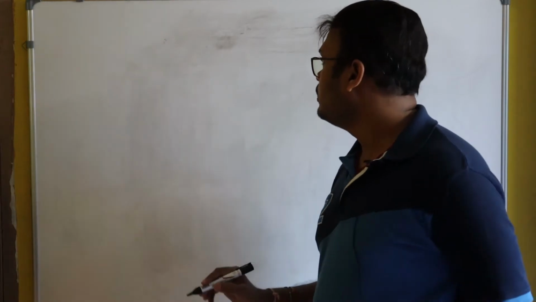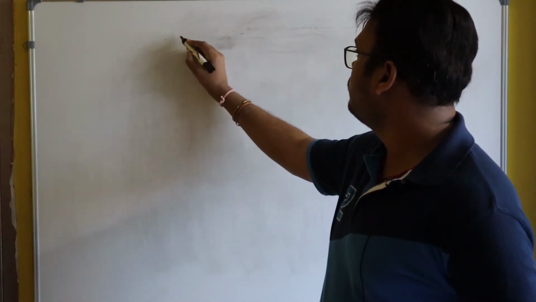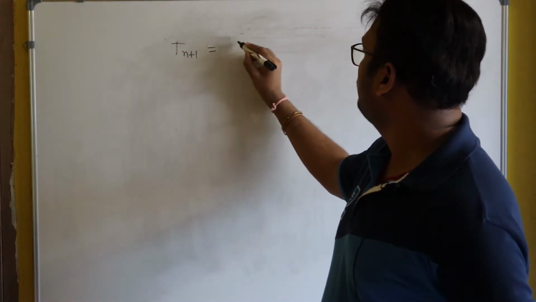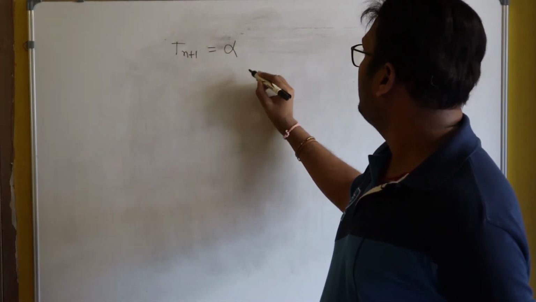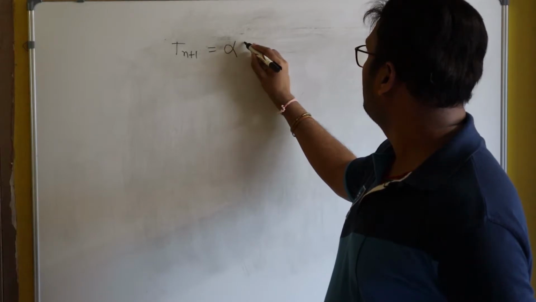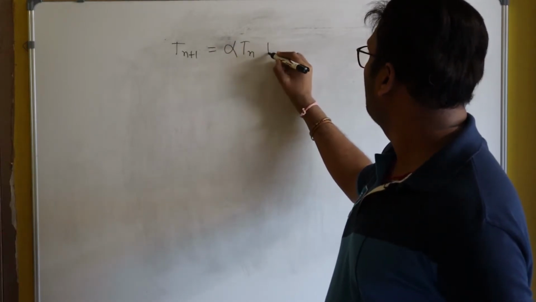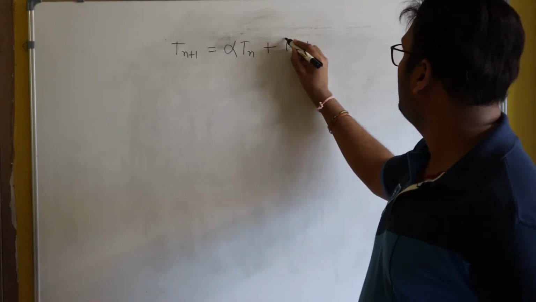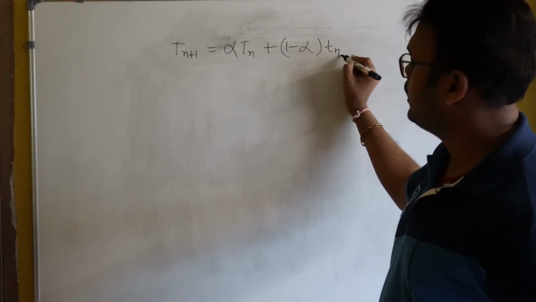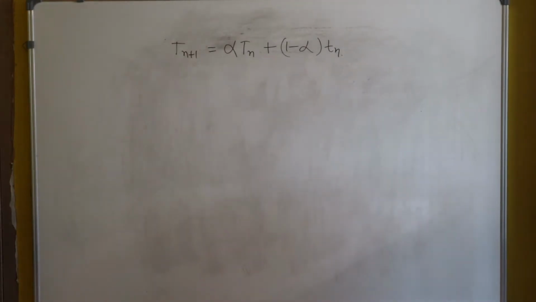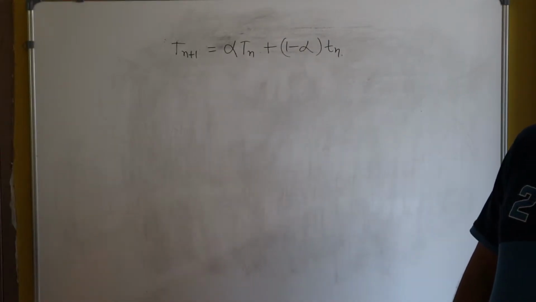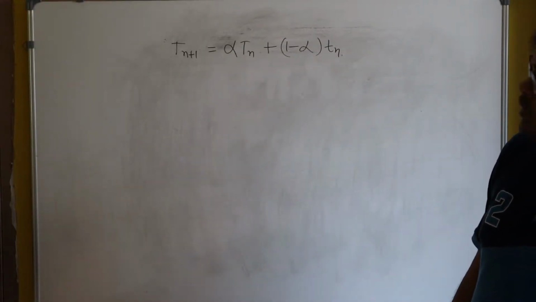First write down the formula: T(n+1) = alpha * t(n) + (1 - alpha) * T(n).